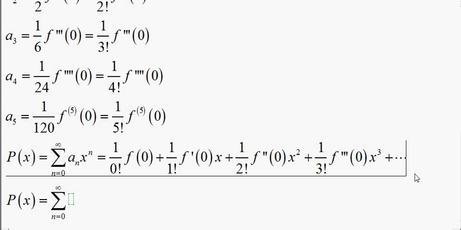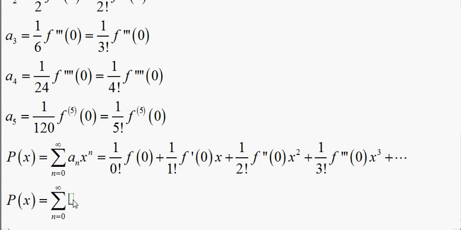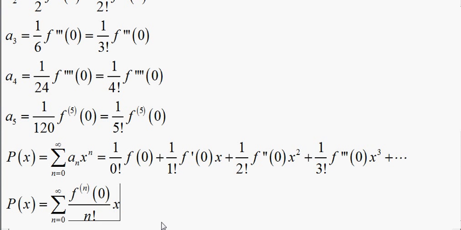The bottom goes by n factorial, the top goes by f nth derivative evaluated at 0, and then after that it goes x to the n. And this is actually the Maclaurin series.